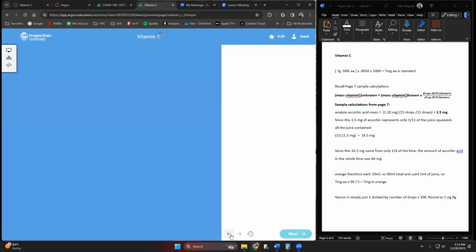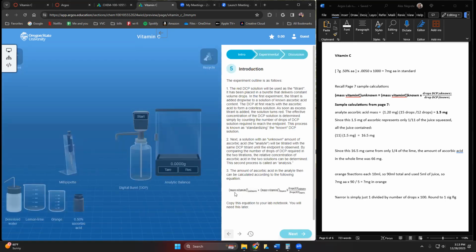So here, in order to determine the mass of vitamin C of the unknown, we take the mass of vitamin C of our known, which is the ascorbic acid, right? And we multiply by the number of drops from the unknown solution and divide that by the number of drops of the known solution.